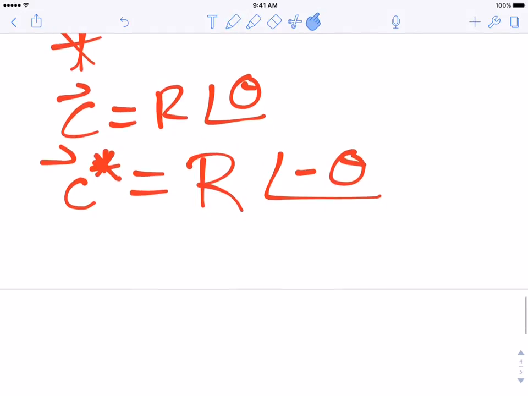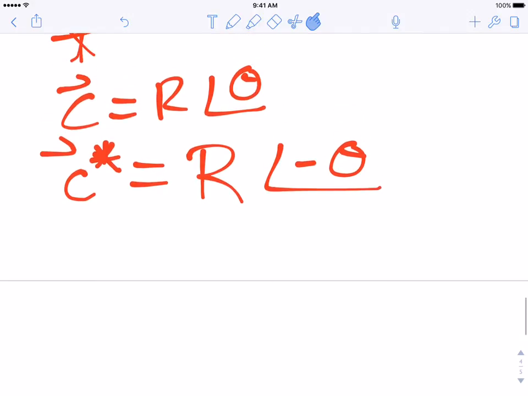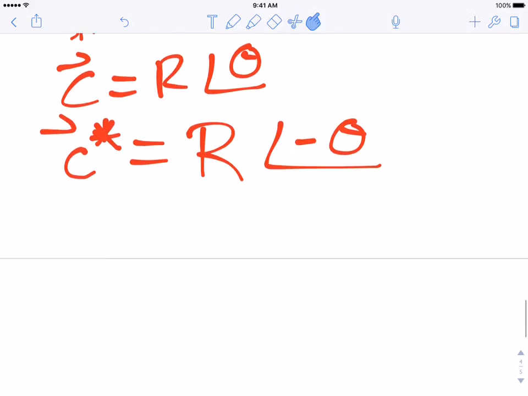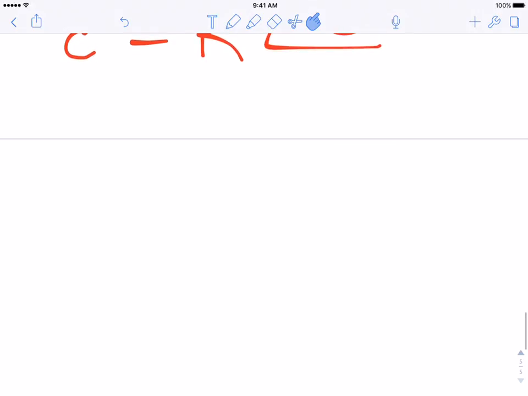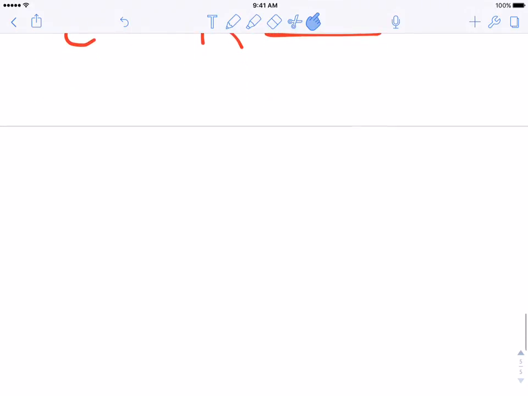Now you have to note that not all angles are positive, right? You might have a C where that angle is minus 120. Well, when you flip it, it's going to be positive 120. So you're not just taking the negative. You got to make sure that you flip the sign if it's negative or if it's positive. And then the second way we can look at this is in rectangular form, right?